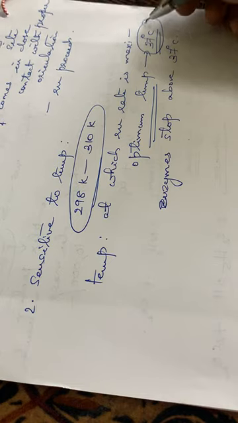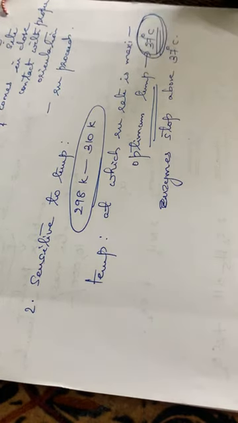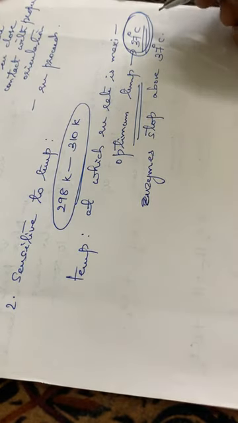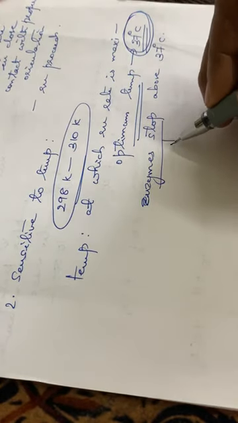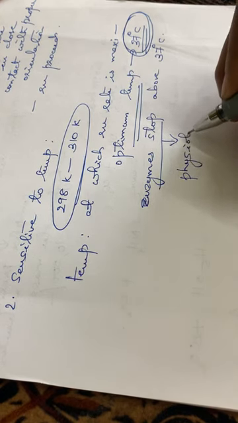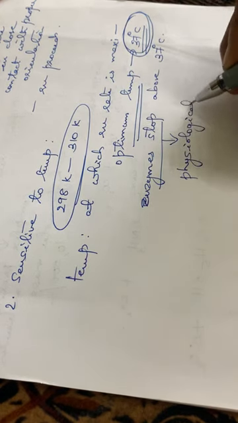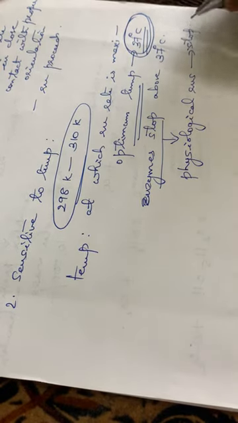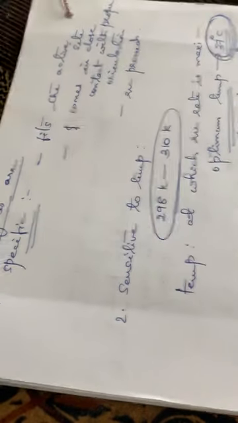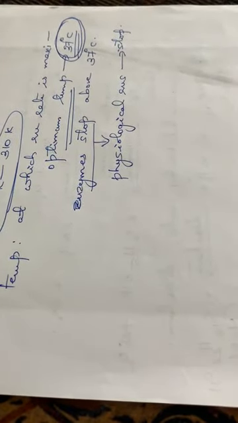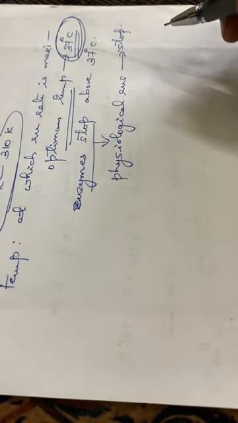If the enzymatic reactions stop, the physiological reactions going on inside our body will also stop. That is why, while we are having high fever, doctors prescribe us to lower this temperature.